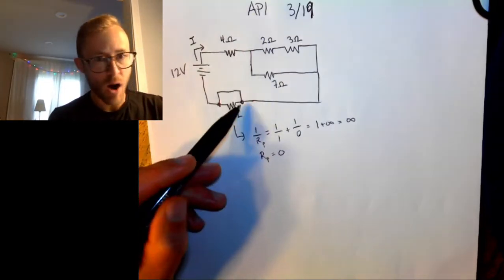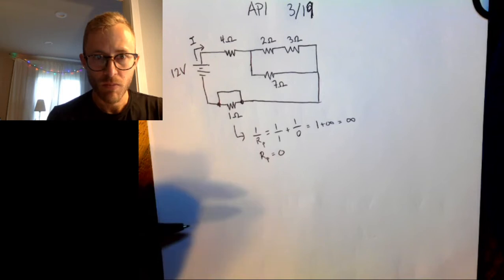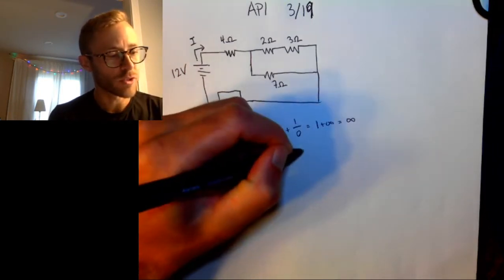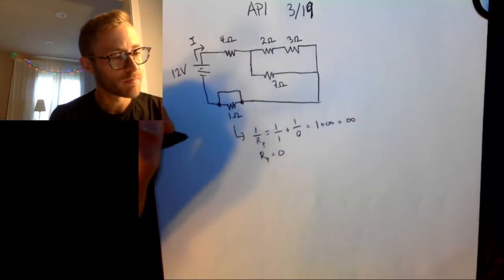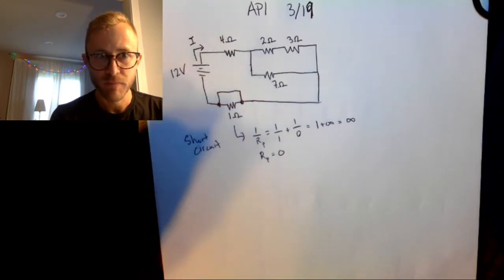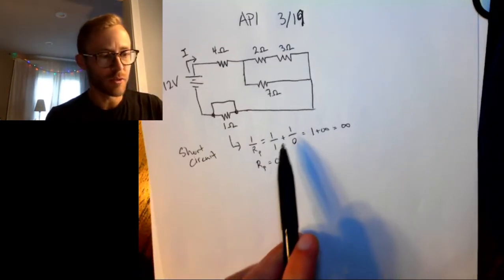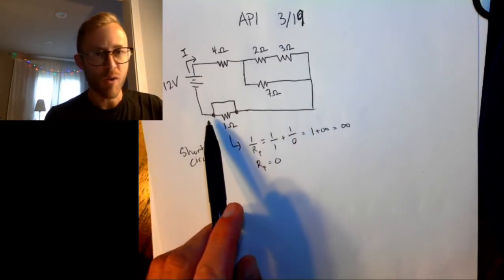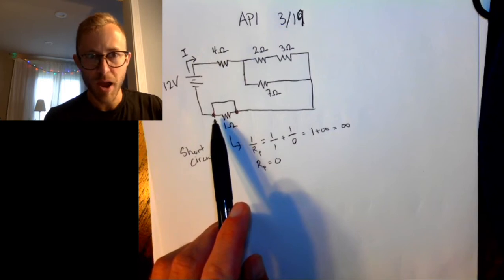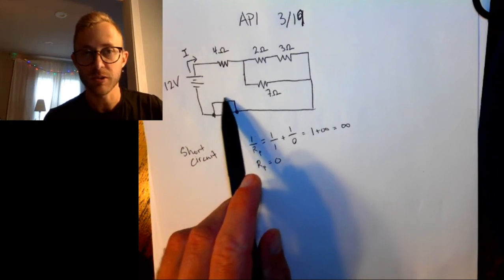When you have a wire that goes around a resistor, that's called a short circuit. It's like a shortcut. If you were an electron going through this circuit, why would you go through a path that offers resistance when you could go through a path that offers no resistance?